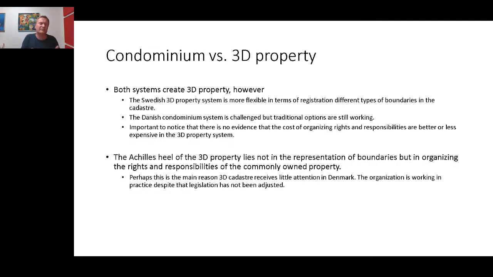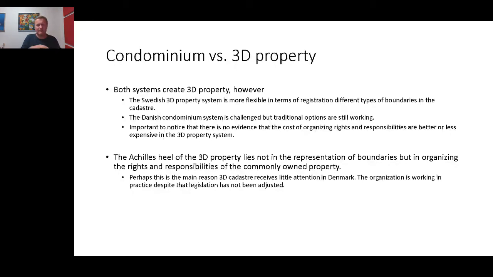One of the reasons, I think, is probably that there's no indication that the cost of organizing the relationship between different types of use in a building is better or less expensive in a modern 3D property system such as the Swedish compared with the Danish condominium system. And one of our points is actually that the Achilles heel of forming a complex 3D property is more related to the organization of rights and responsibilities between the property owners.